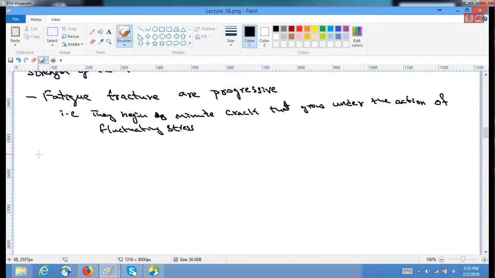Then, in the fatigue failure or the fatigue fracture, there are three stages. Three stages of fatigue. The first one is initiation.